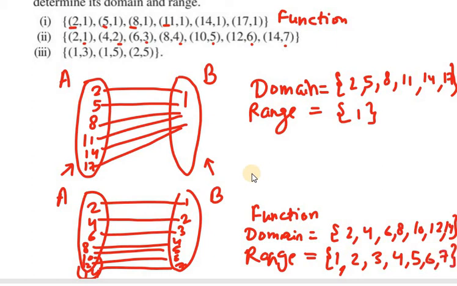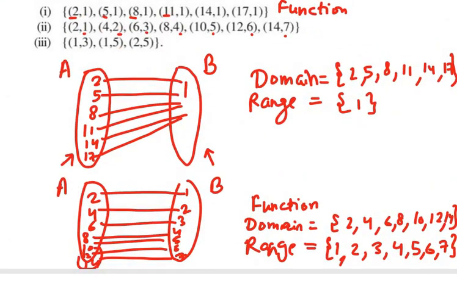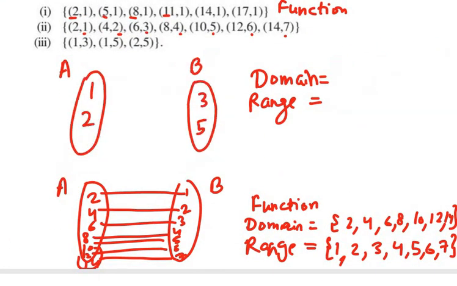Now the third part, it says we have (1, 3), (1, 5), (2, 5). So let us make a diagram for the same. This is the diagram for the third part, that is we have 1 and 2 as the elements of A and 3 and 5 as B, the second elements of the ordered pairs.